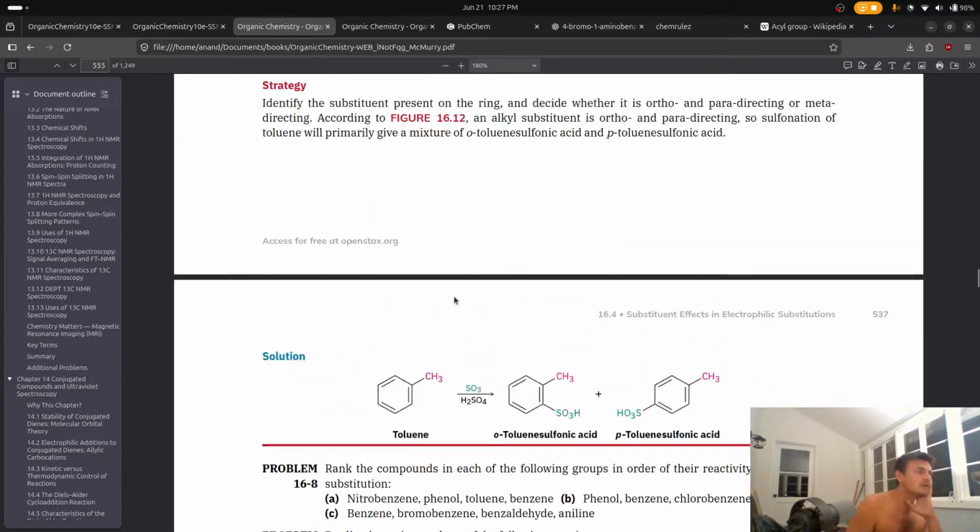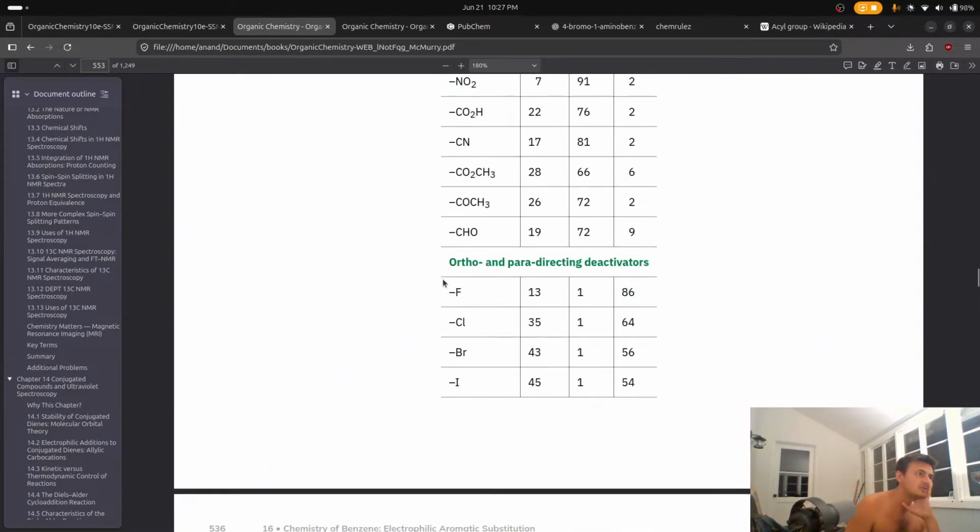Anyway, we look and see that the halogens are weakly deactivating, but they go ortho and para. So we're going to get ortho and para.